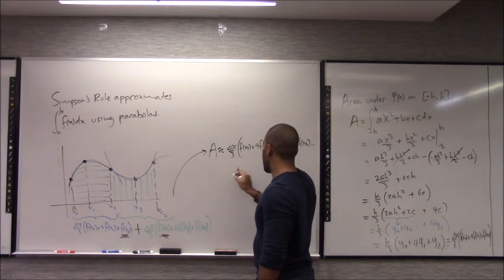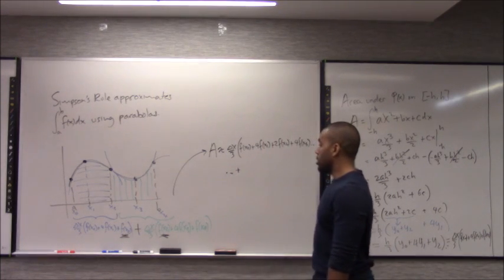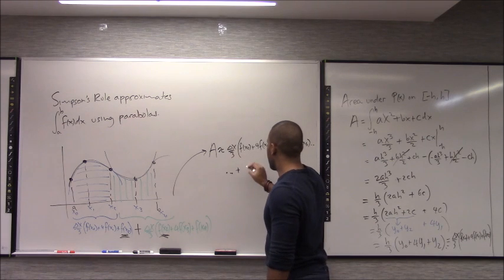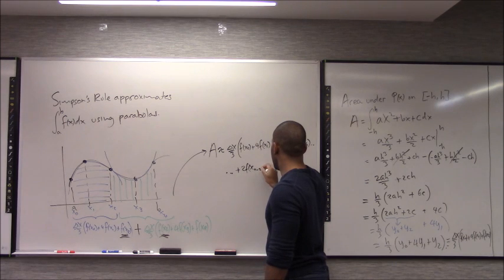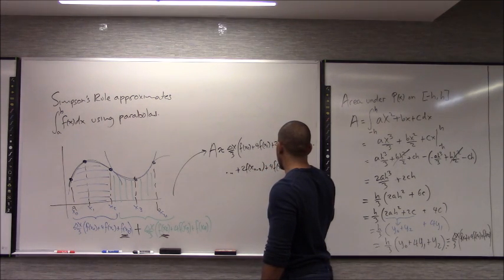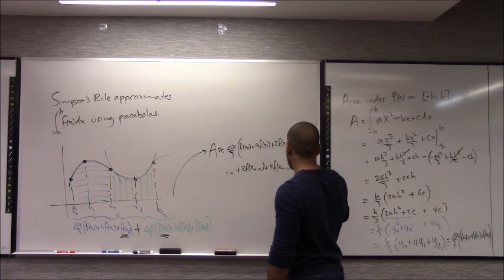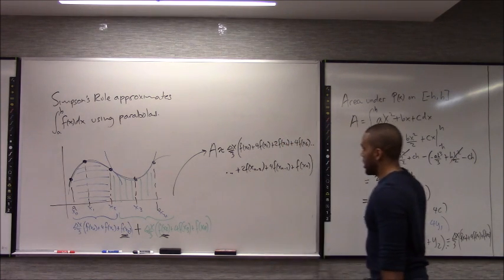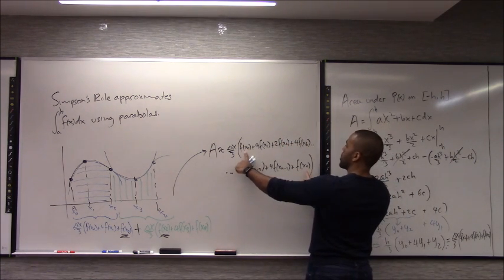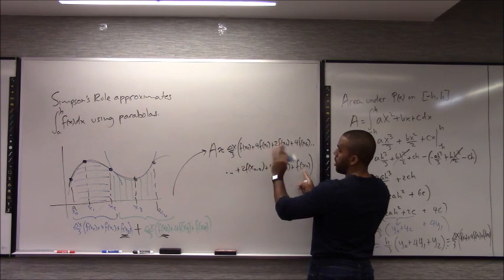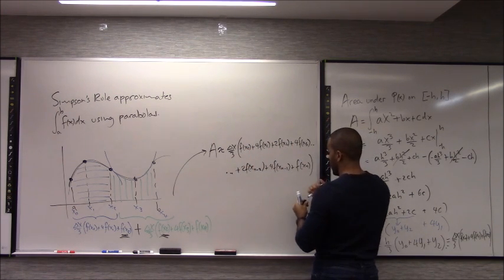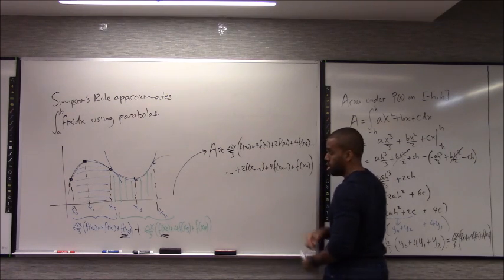It'll keep going dot dot dot all the way until you get, say, your 2 f of x(n minus 2) plus 4 f of x(n minus 1) plus your f of xn. So you'll notice that the first y value and the last y value, you don't do anything, but in the middle, you're going to alternate between 4's and 2's, starting with a 4.